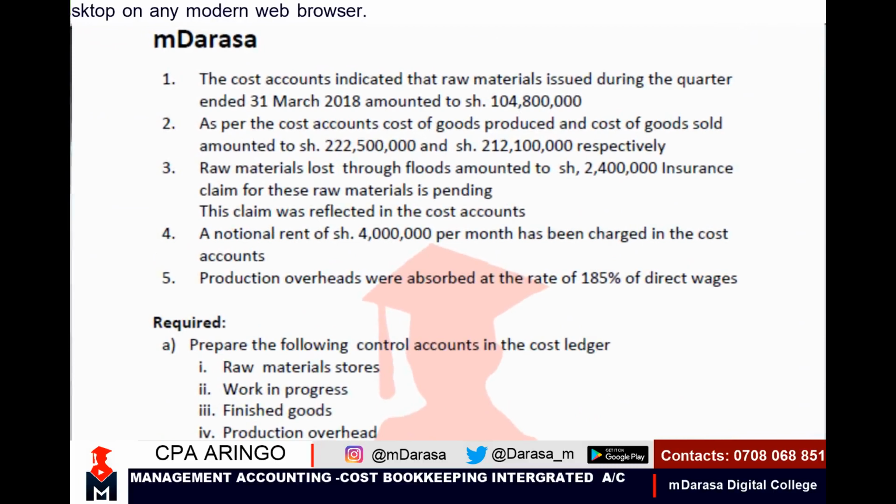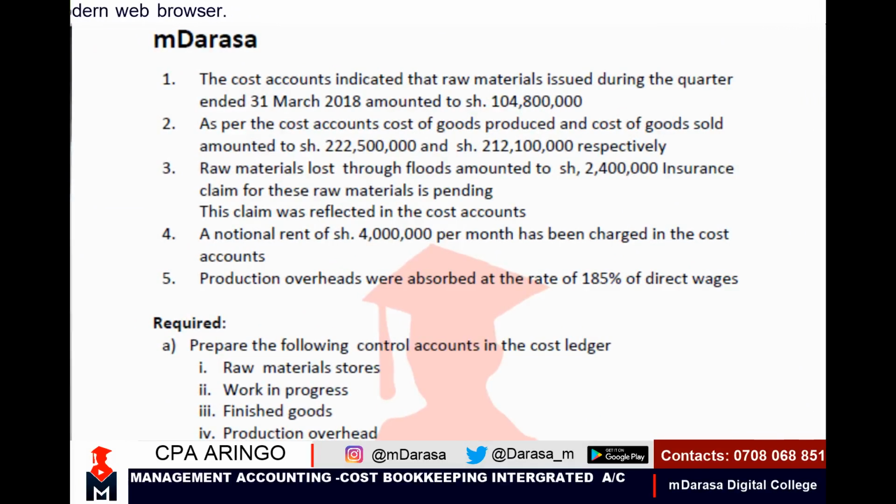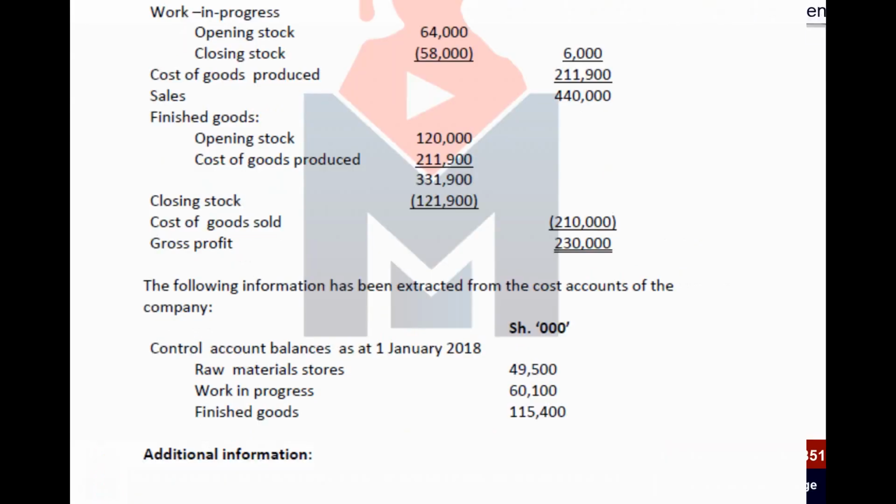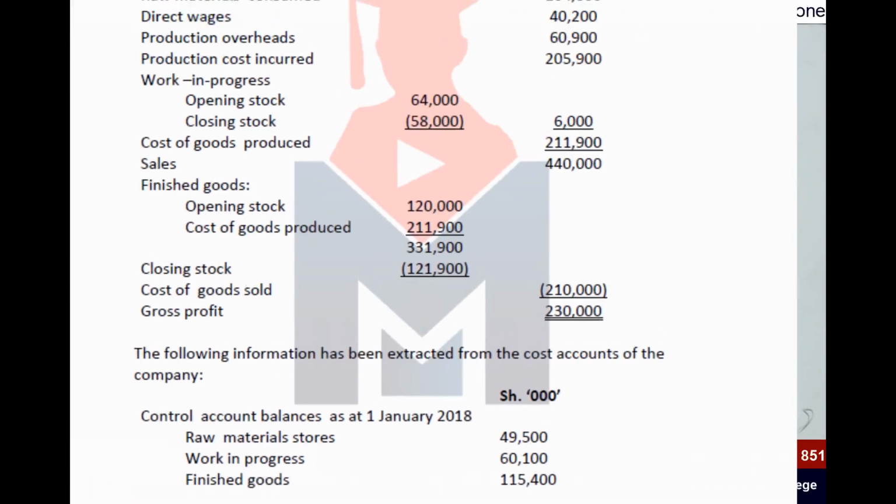I was told that the cost accountant indicated that raw materials issued during the quarter ended 1st March 2018 amounted to 104,800. And what was charged, if you look at our question here, the one that was charged, we were also given at that point to be how much?